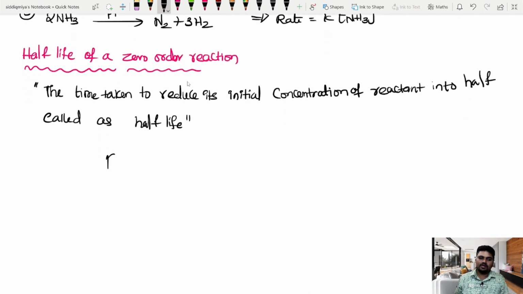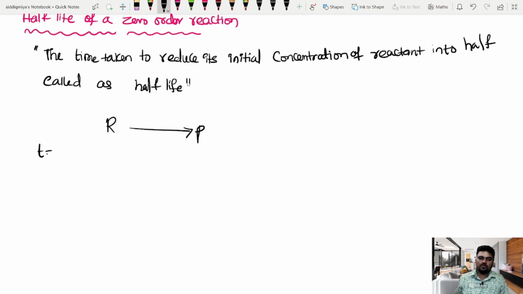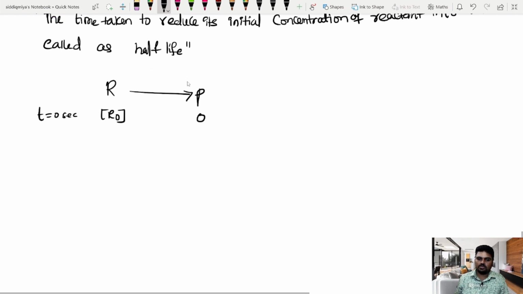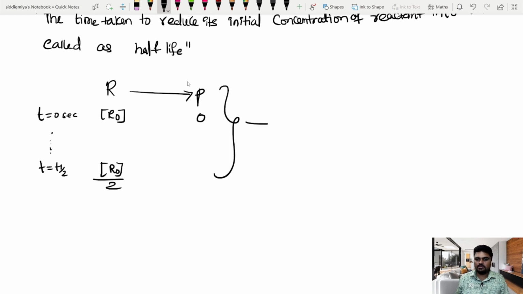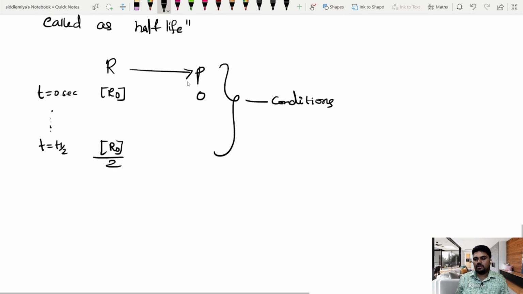So let us say reactants are converting into products. At time 0 second, we have initial concentration as R naught, and products have not formed. But as time goes on, at time equal to T half, the initial concentration becomes half. These are the conditions we apply in the equation.